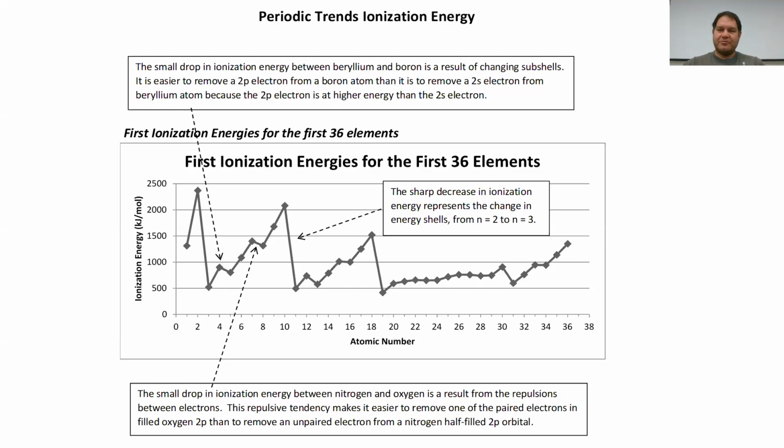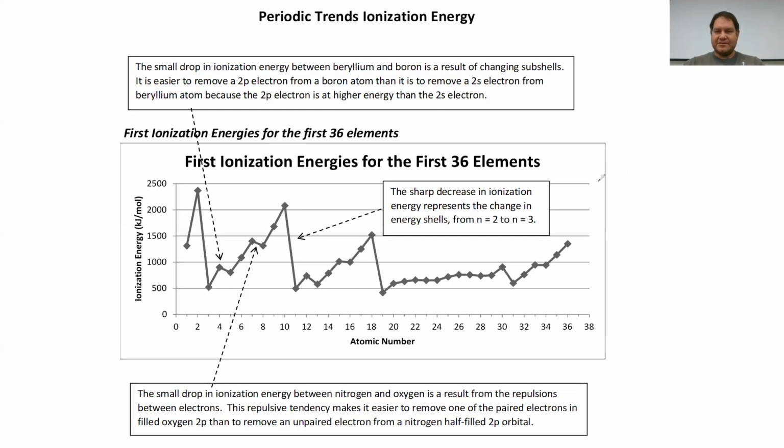What you need to walk away with is that this data gives us great evidence of the existence of not only energy levels or energy shells, but also the subshells: the S, P, and D subshells, as we'll see in a moment. So we'll start out with the basics, and then we'll dive into the specifics on subshells and so forth.